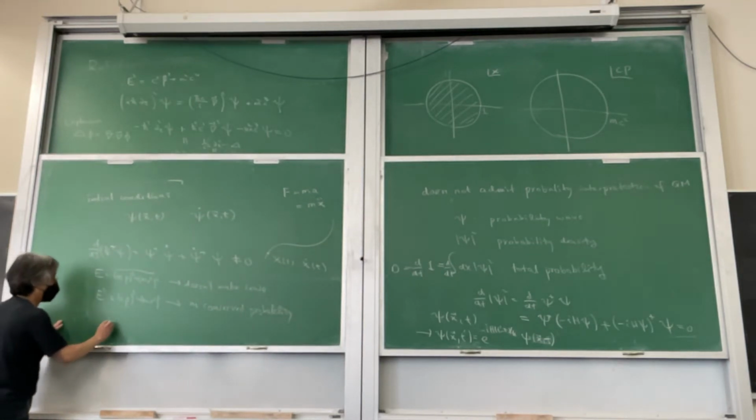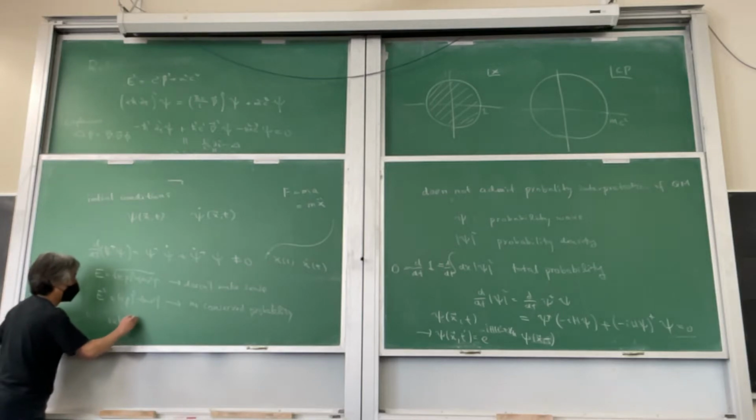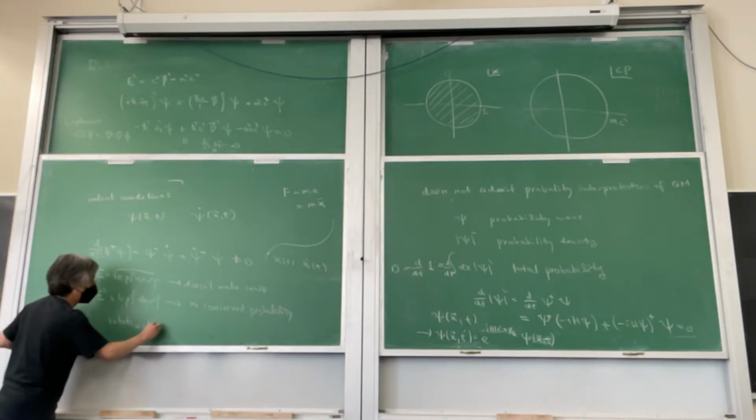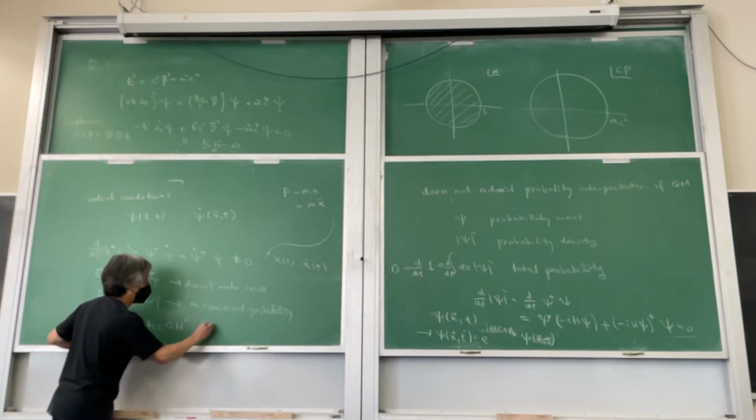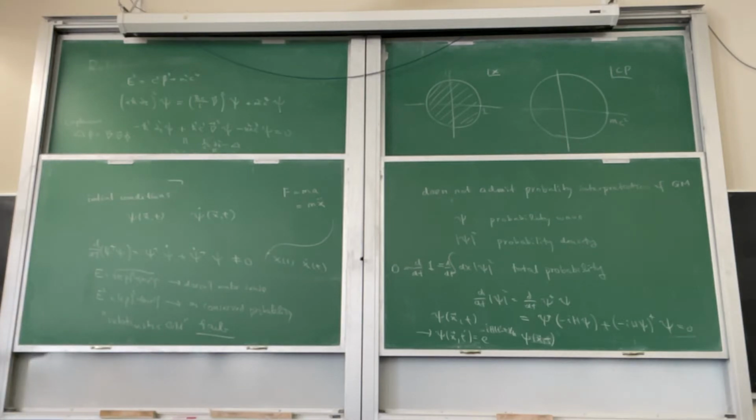So relativistic quantum mechanics fails. It doesn't exist. So the Klein-Gordon equation was, okay, nice try, but it didn't work out as a theory of relativistic quantum mechanics.